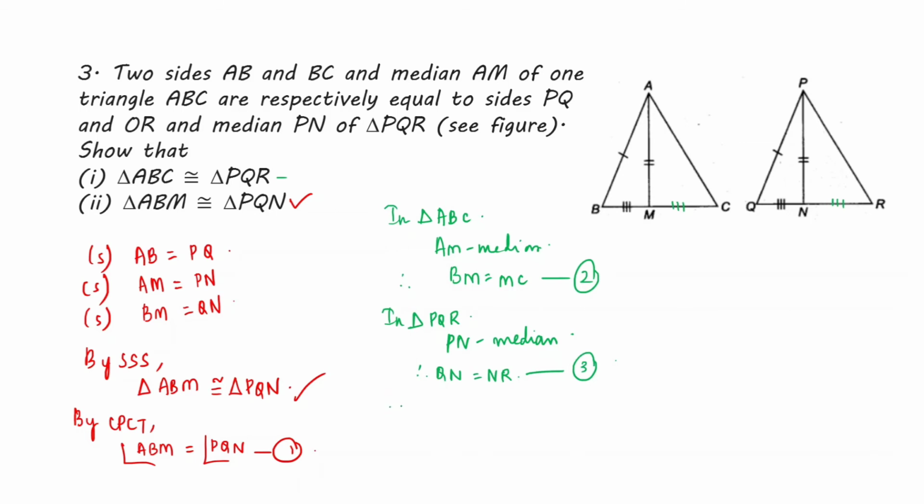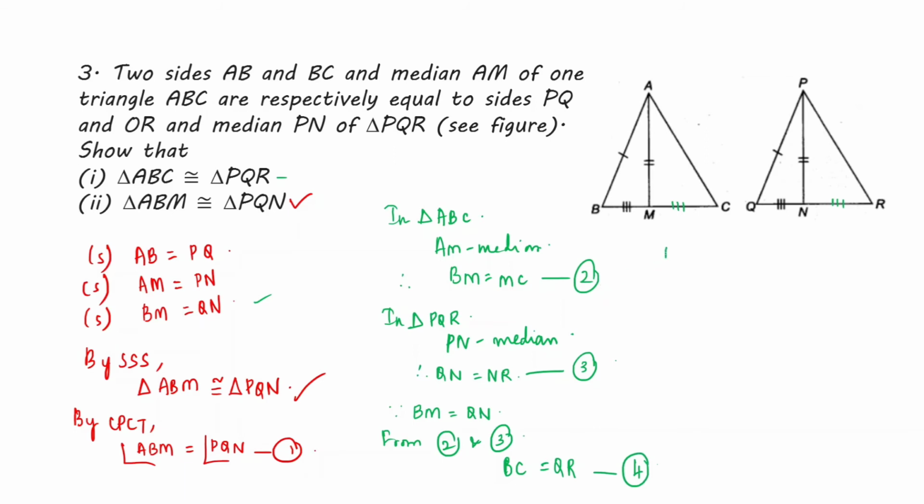We already know that side BM is equal to side QN from the given in the question. Thus, from 2 and 3, we could say that side BC is equal to side QR, which will be equation number 4.